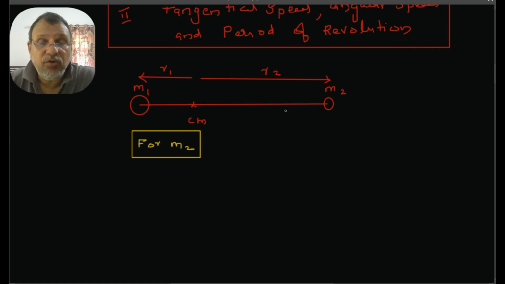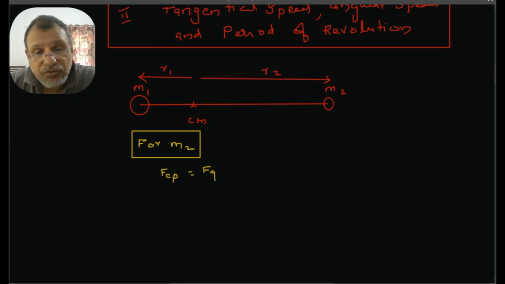So we can write the force FCP is equal to Fg, and we can write here what FCP and Fg are. Fg will be acting on both sides. M2 will be experiencing a force Fg in this direction, and on M1, this is the direction of Fg.